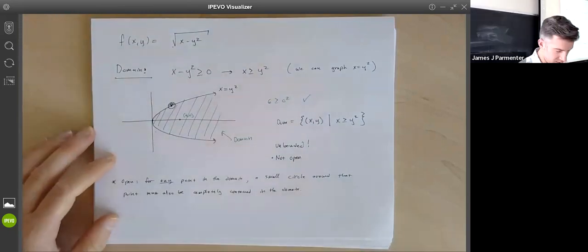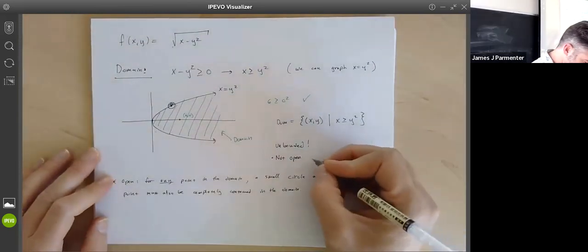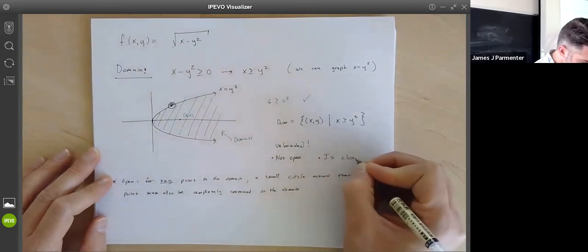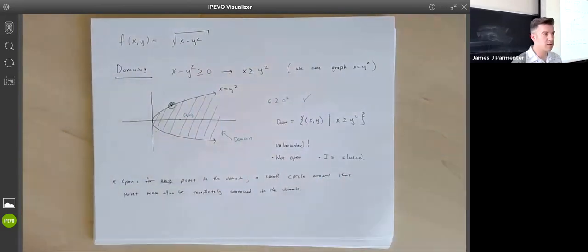So it is closed. In fact, I know it's closed. Typically, if a domain includes its boundary, it's closed. So this definitely is closed.